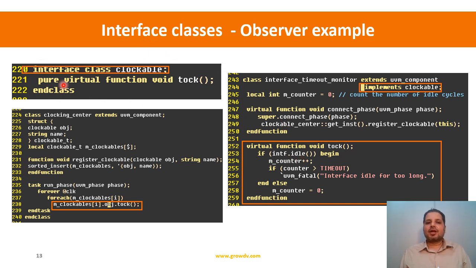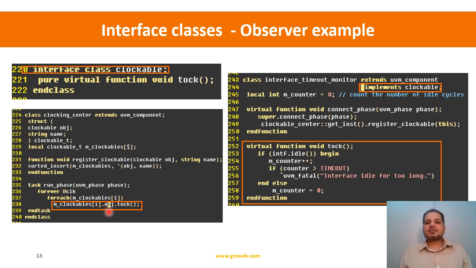So in summary, you declare it like an abstract class, but instead of extends, you say implements, and when you say implements, this functionality becomes a part of the class that is implementing it. Then you have one central entity wherein you hold all the objects. Here, if you look at it, we are not doing any dollar cast, right?